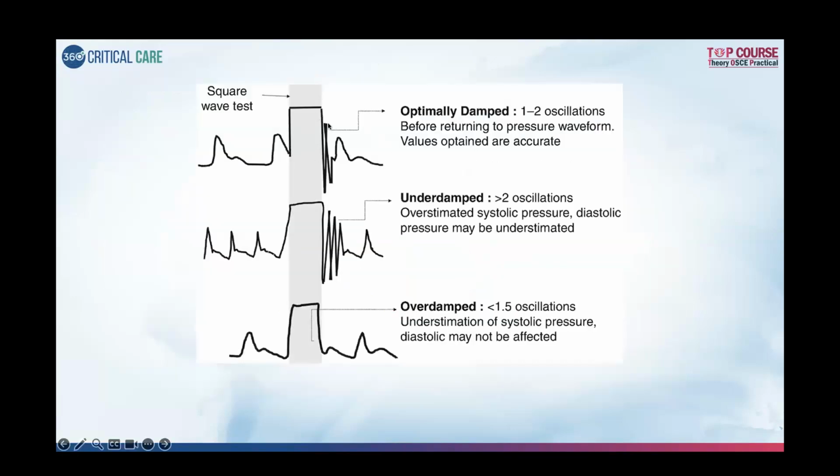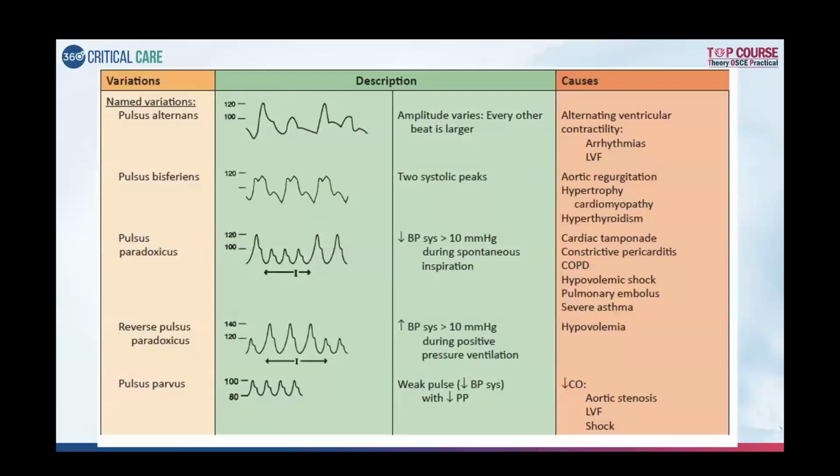So optimally damped, you get back to your parent waveform within 1 or 2 oscillations. Underdamped, you take forever to come back, and overdamped will not allow more than 1 oscillation to come back to the baseline. So that's how you test the damping of the arterial line.